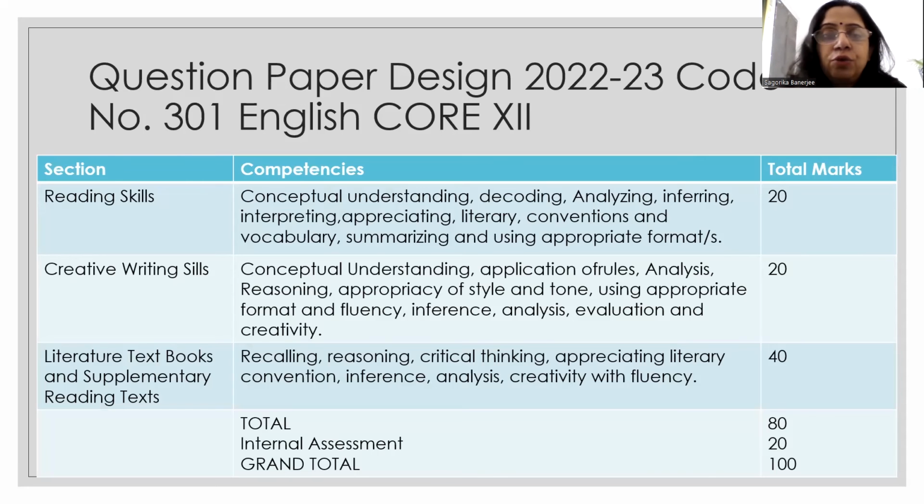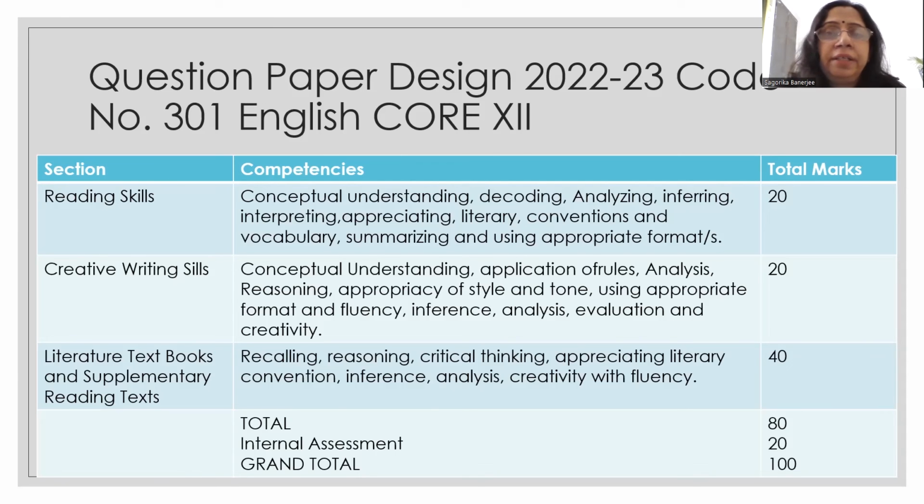Now this is the blueprint or the question paper design of the English core subject, and the code number is 301. So the paper will be divided into 3 sections: reading skill, creative writing skill, and the last is literature skill. For reading skill, the competencies which will be checked are conceptual understanding, decoding, analyzing, inferring, interpreting, appreciating literary conventions and vocabulary, summarizing and using appropriate format, and 20 marks are allocated.